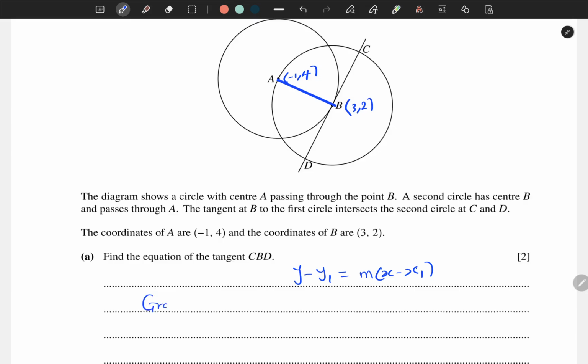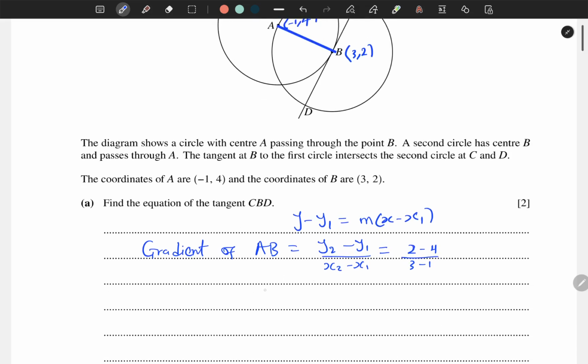The gradient of AB, where the formula is y2 minus y1 over x2 minus x1. You make the substitution: 2 minus 4, divided by 3 minus (-1). So gradient AB here gives us minus 1 over 2.